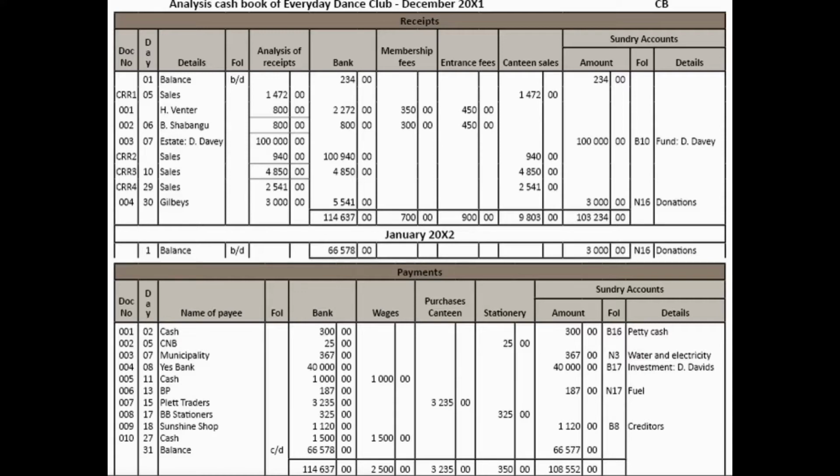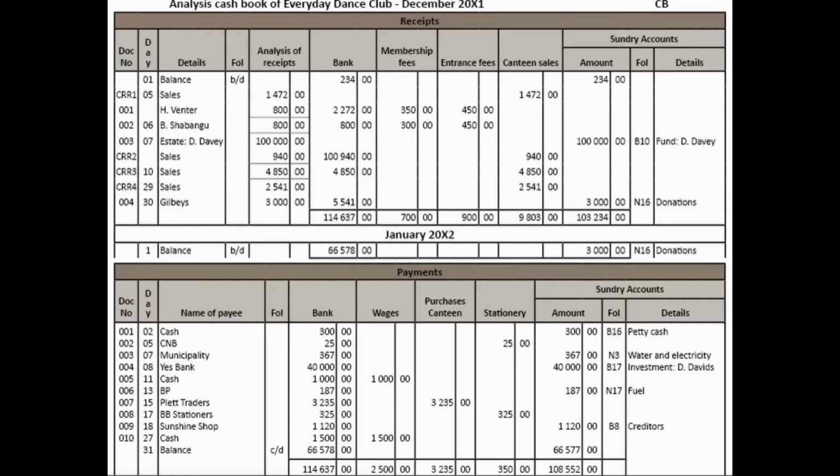Okay, and then on the 6th, we received money from Shabangu, also 800 Rand. That amount was deposited in the bank on the same day, on the 6th. So that is why we write the 800 in the bank column. In the bank column, we always write the deposits.